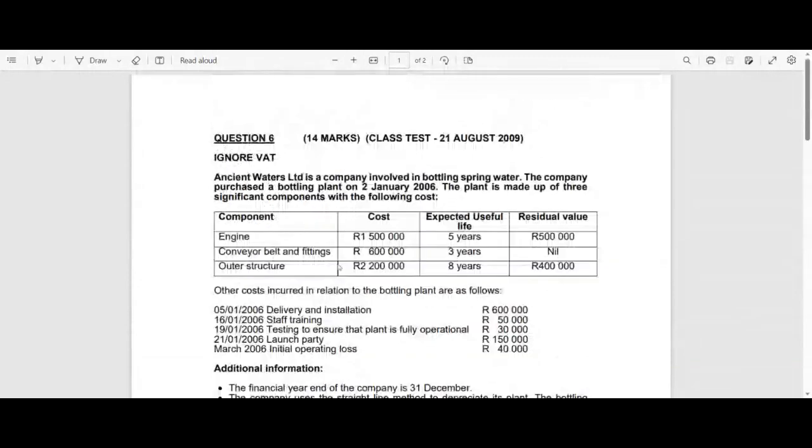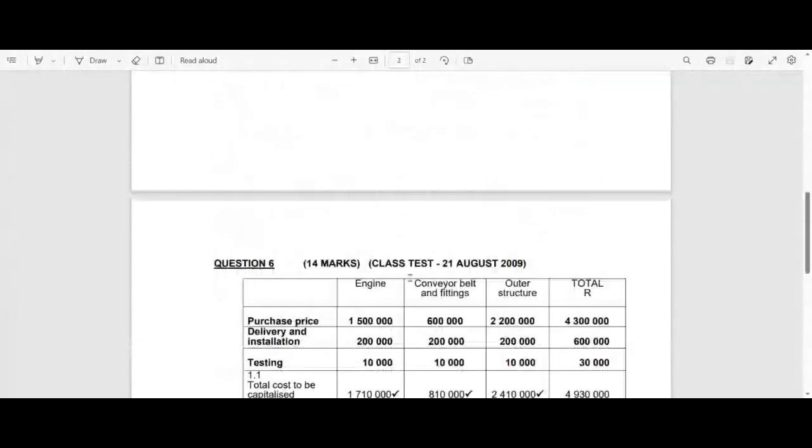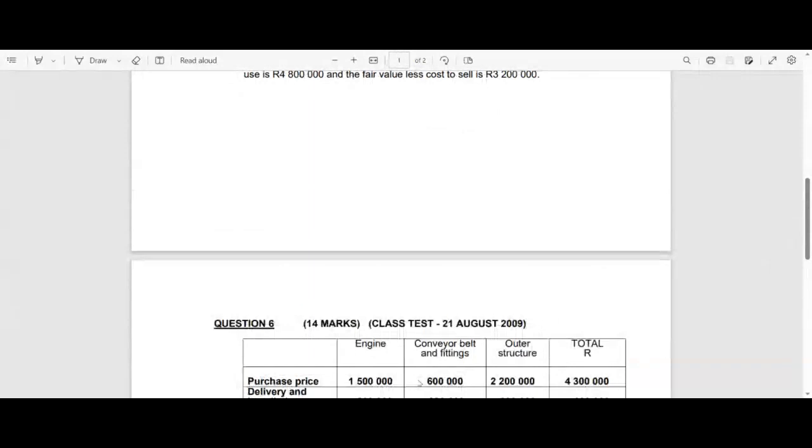Then in the case of the conveyor belt and fittings, we know that the 600,000 rands purchase price will form part of the cost. So we can already put that in. So we now can see that the 600,000 rands purchase price is also going to be capitalized, but in a separate ledger account.